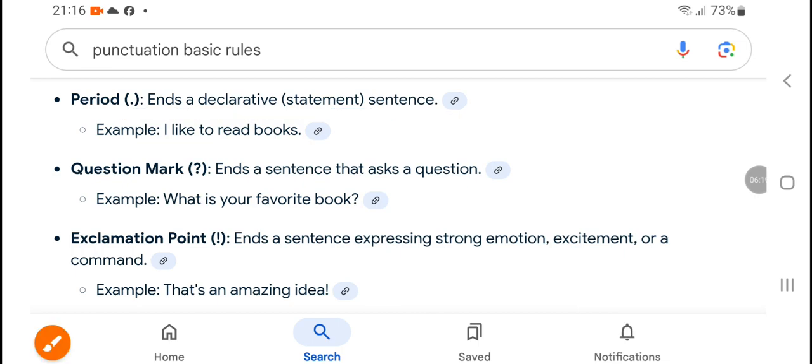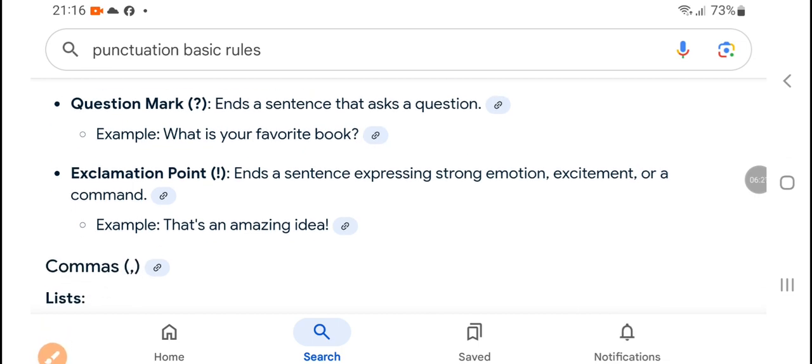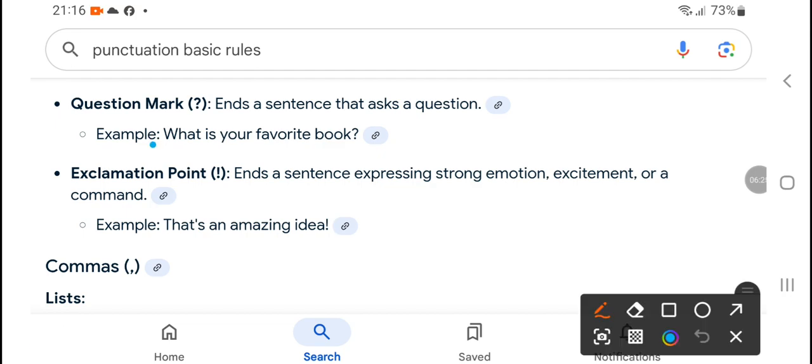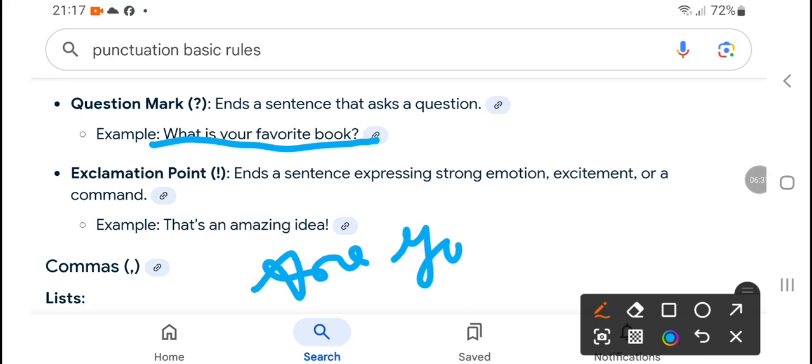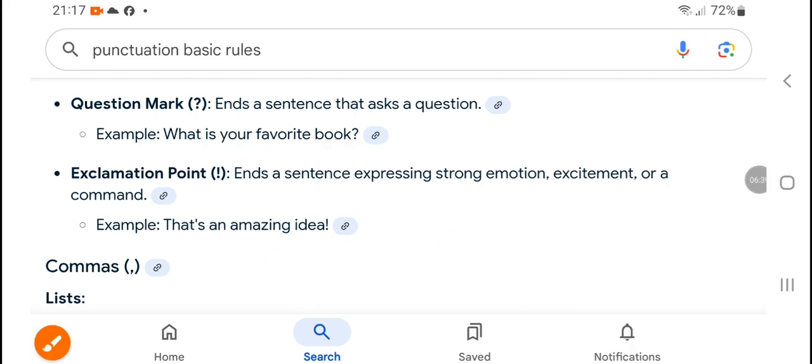Then the question mark. The question mark ends a sentence that asks a question, right? "What is your favorite book?" Or "Are you participating in the activity?" Then question. So any question, when we put a question, the sentence ends with the question mark.